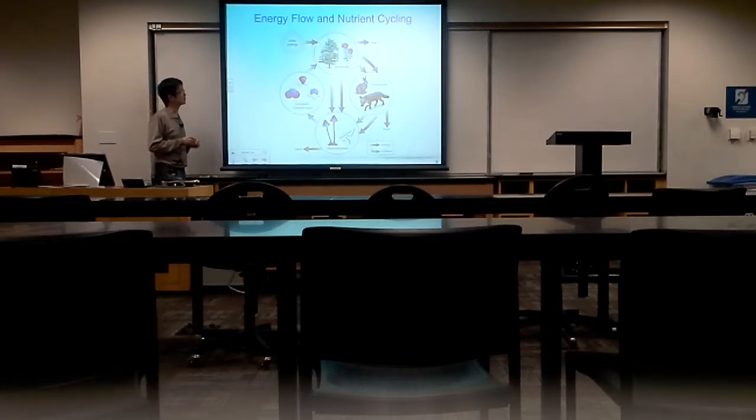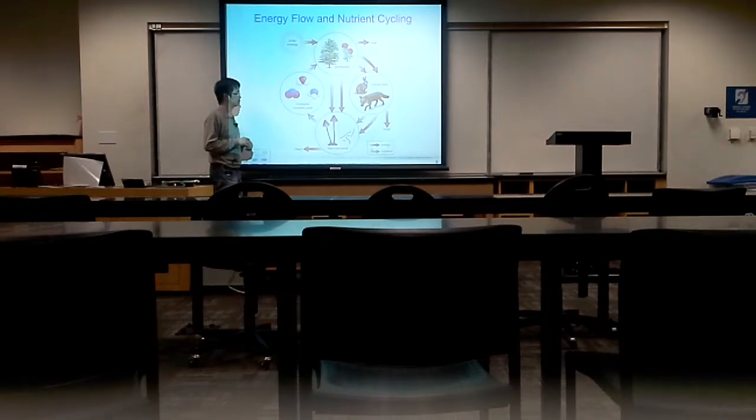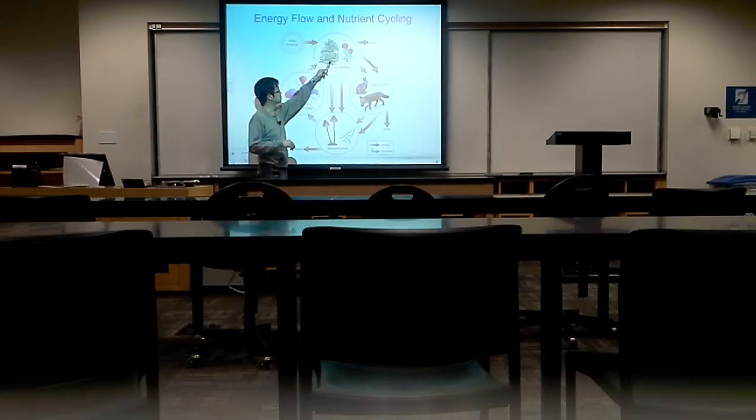So this is an example. Let's take a look at the energy first. Our sun is the ultimate source of energy, and the producer is the one that is able to trap or collect this solar energy and convert it into food.